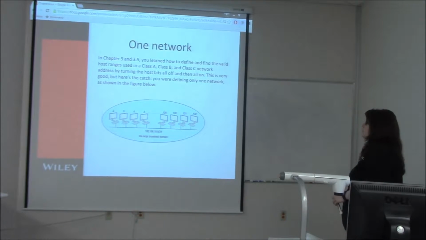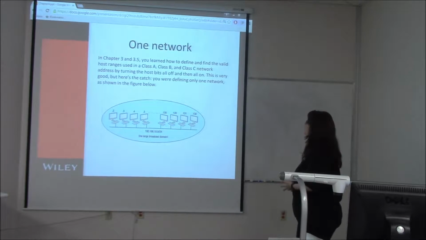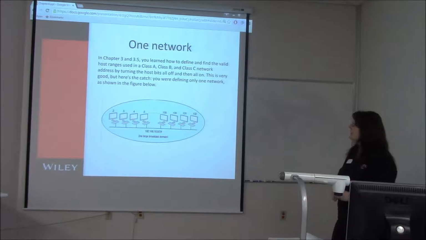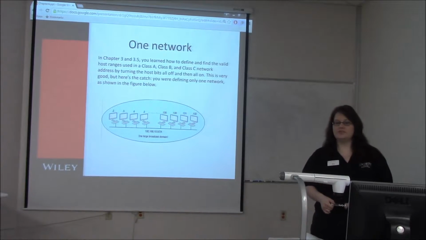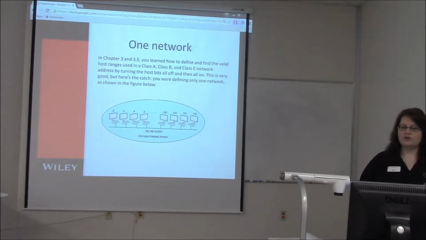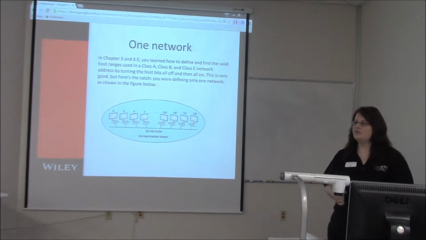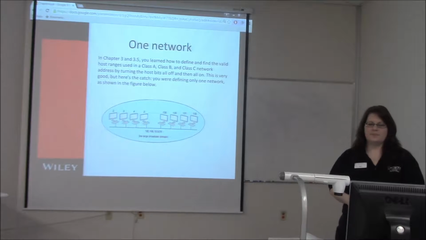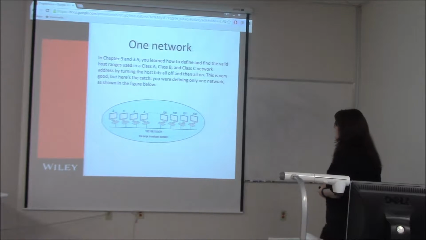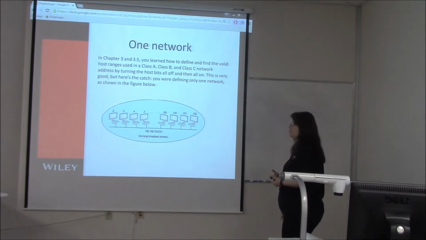So in Chapter 3 and 3.5 that we just went over in the last few weeks, we learned about defining and finding the valid host ranges for a Class A, B, and C network. We termed the host bits off and on. We talked about that. All that's good, but we're really still just defining only one network.